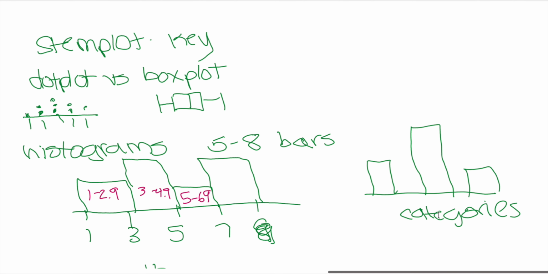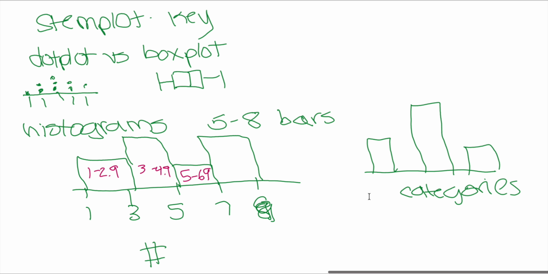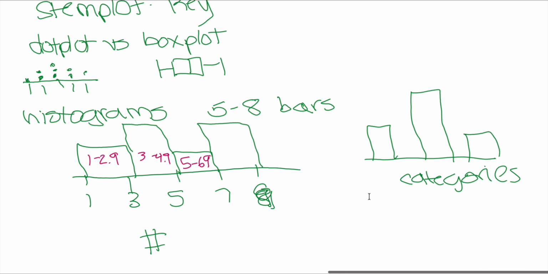We usually use histograms to measure quantitative data, while bar graphs are used for categories of data. So the x-axis for bar graphs should be categories, and in the histogram, the x-axis should be the quantitative variable. So do notice the difference here. It will appear on the test, I think.